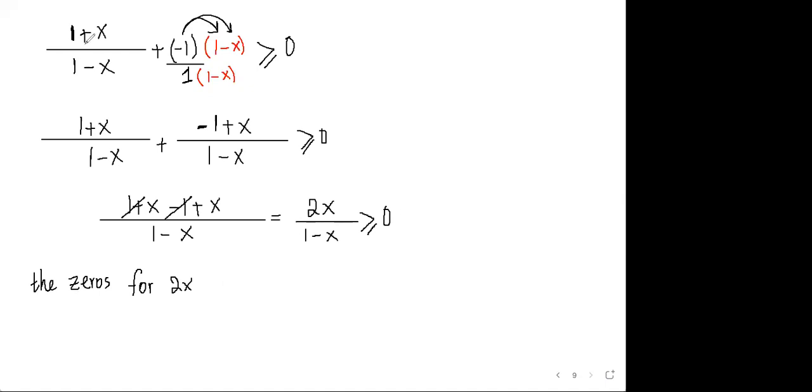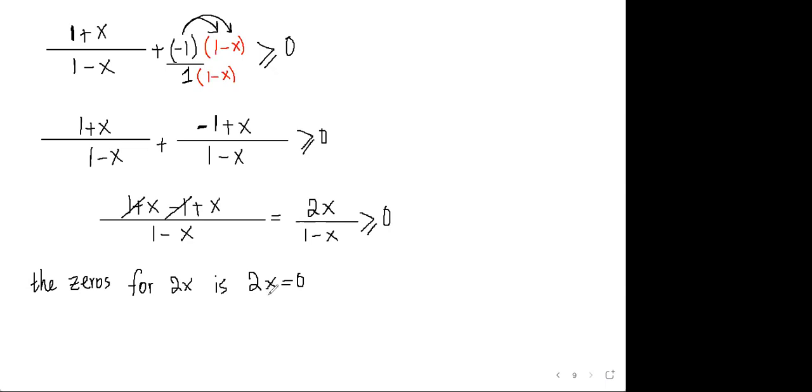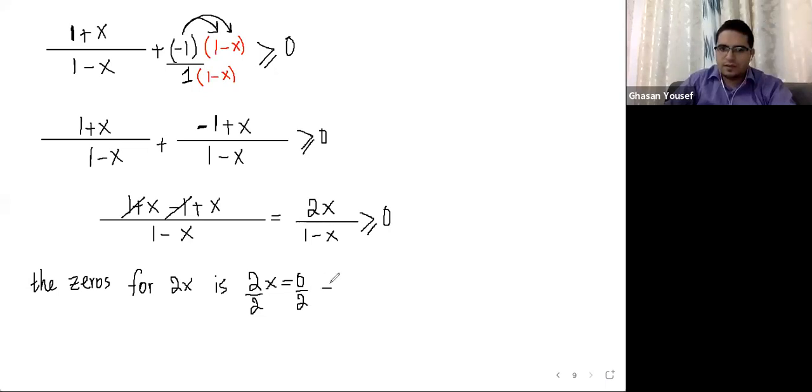It is 2x equals 0. Then we have to solve it by what? Divide by 2 on both sides. I will get x equals 0. So this is the zero for the first one, for the numerator, 2x.